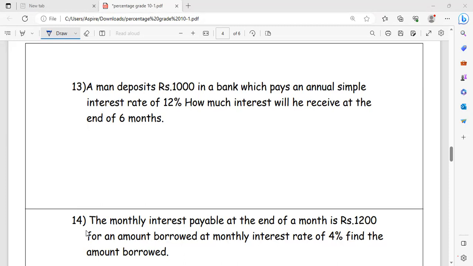A man deposits 1,000 rupees in a bank which pays an annual simple interest rate of 12%. How much interest will he receive at the end of 6 months?